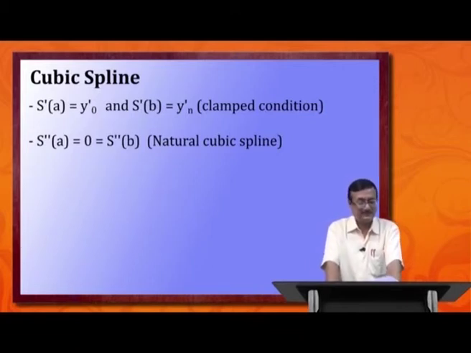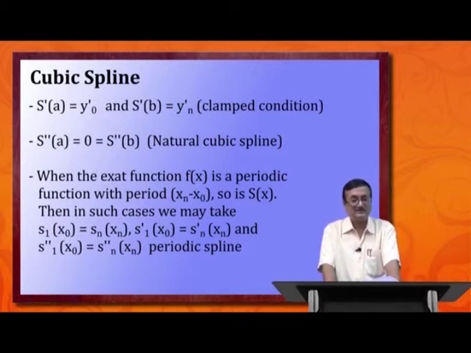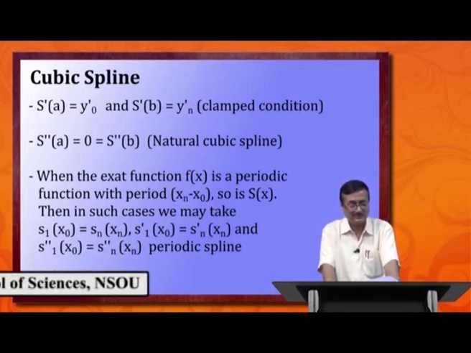There is another alternative when the exact function f(x) is known to be a periodic function with period xn minus x0, so is S(x). Then in such cases we may take S1(x0) = Sn(xn), S1'(x0) = Sn'(xn), and S1''(x0) = Sn''(xn).